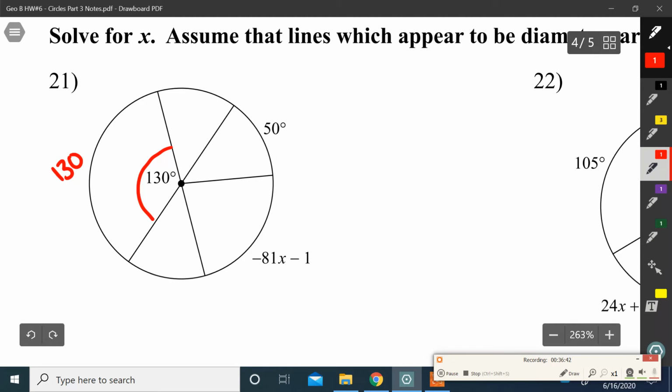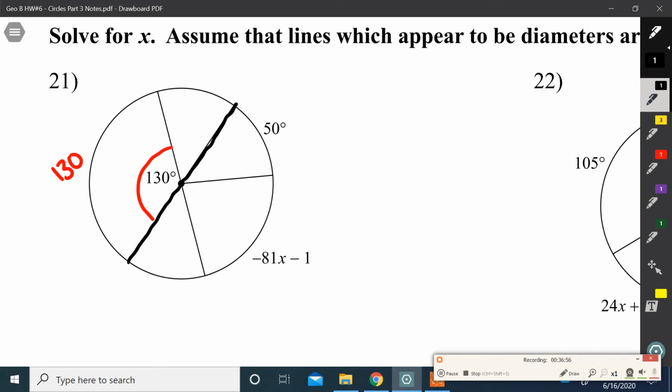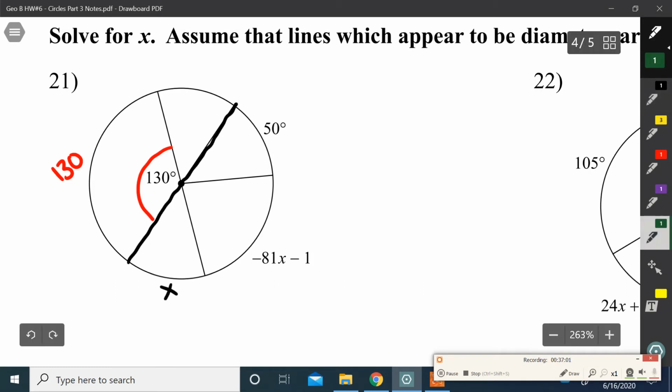All you have to realize is this right here. First of all, this looks like a diameter. I don't know what this is, but it's actually pretty easy to get, because we know that the whole thing there is 180.